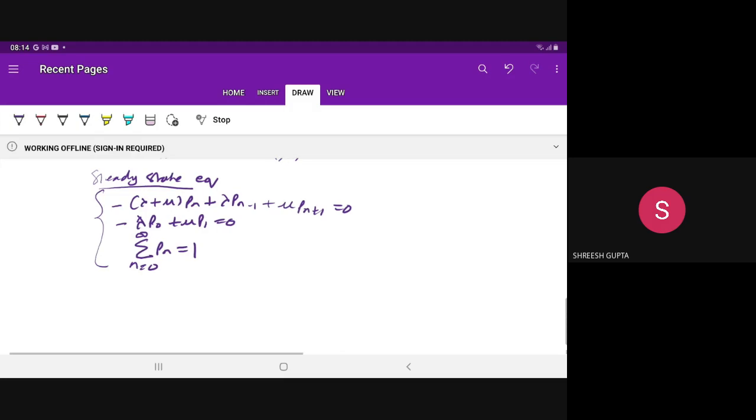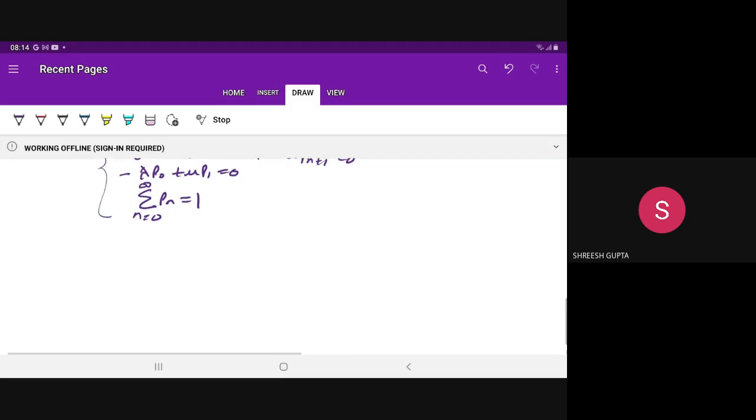So after having the state probabilities, Pn is equal to rho to power n times 1 minus rho, and P naught is equal to 1 minus rho, for n is equal to 1, 2, 3, and so on, we can compute the system performance.